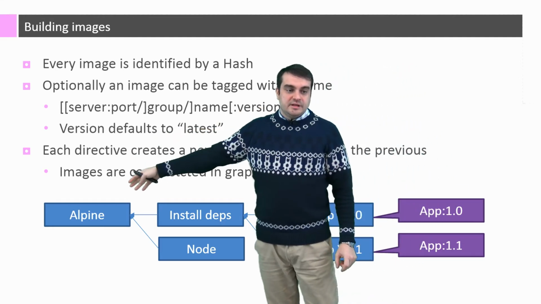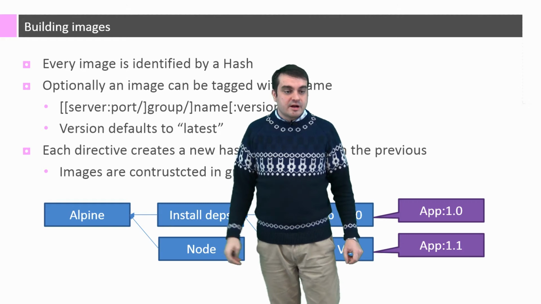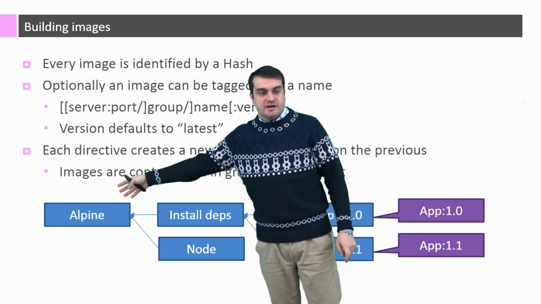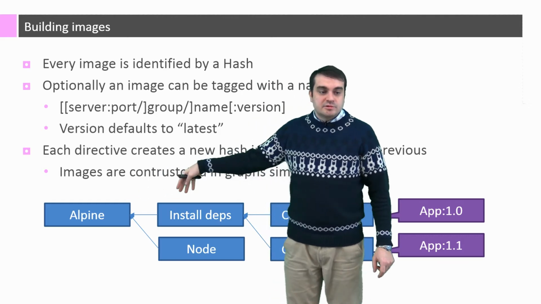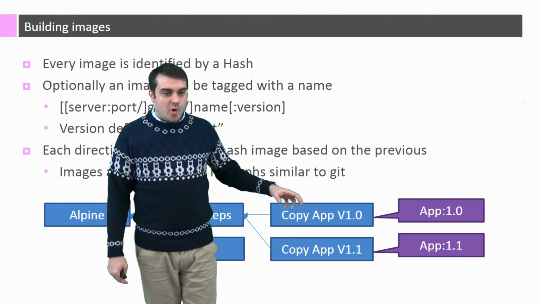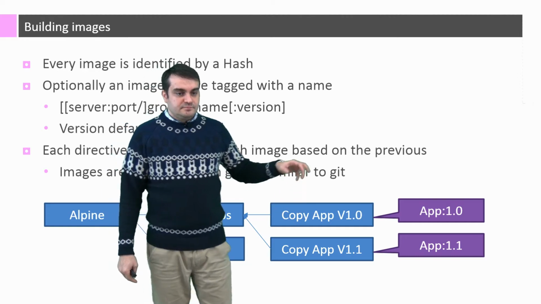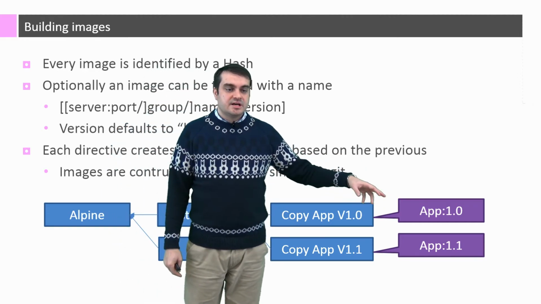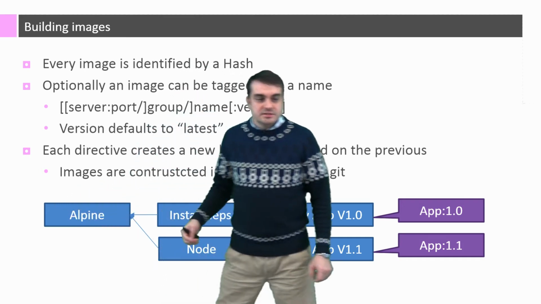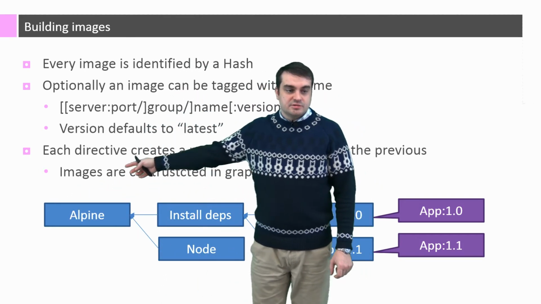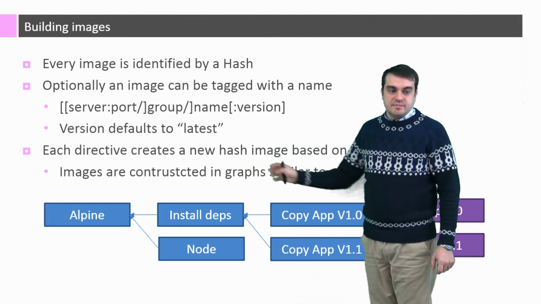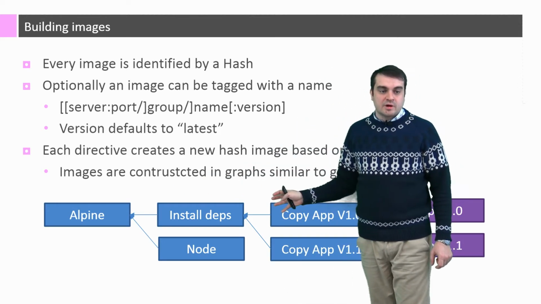So, for example, if we want to build our image for an application and we start with the directive FROM Alpine, we have the image Alpine, then we want to install some dependencies, then we want to copy an application, and then we tag this image as application 01. This is one image, this is a second image based on that image with its own hash, and this is a third image based on this image with its own hash.